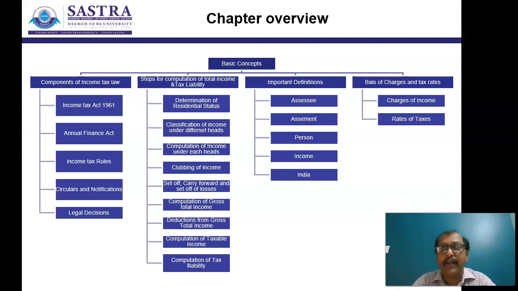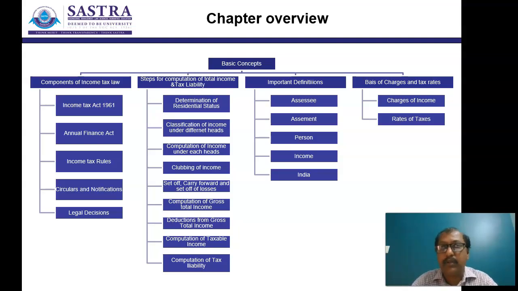Maybe setting off in the sense, suppose an individual has got, let us say, house property. Generally, when there is a let out income from the house property, that is treated as income, and that has to be computed for your income tax.